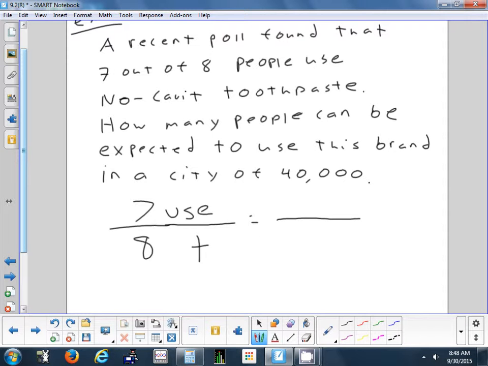So maybe total in the bottom. So we're going to do use over total out of use over total. I think that one's a little tricky, but that's how I would think about it. Because this was the total amount of people polled. All right? So like Mr. Hager said, use over total.